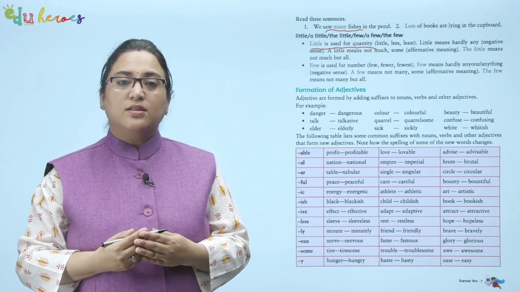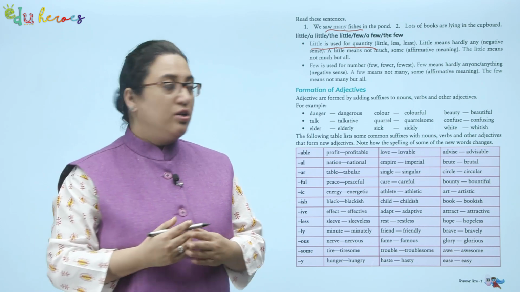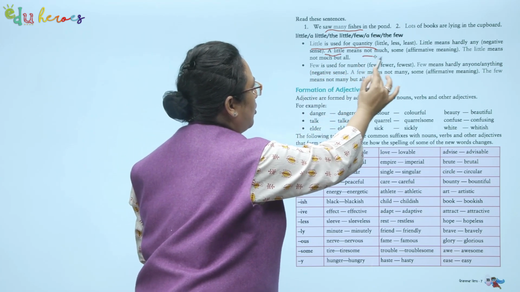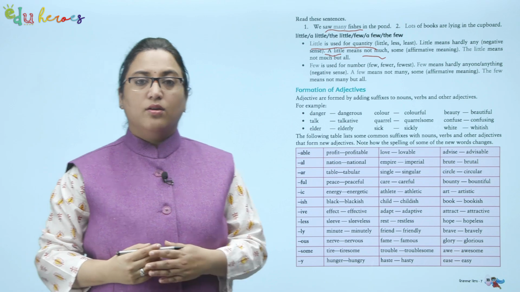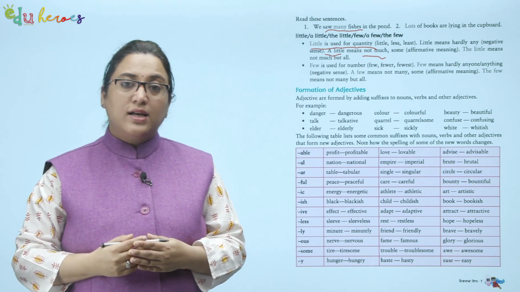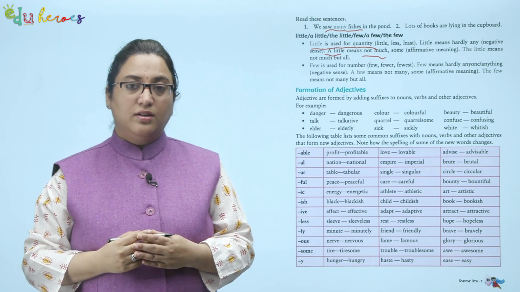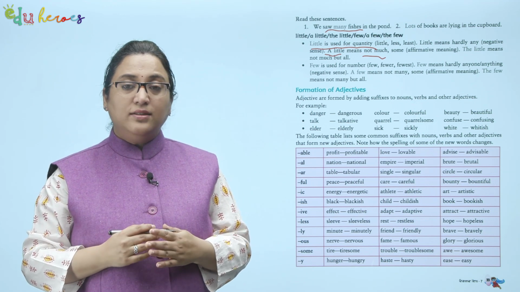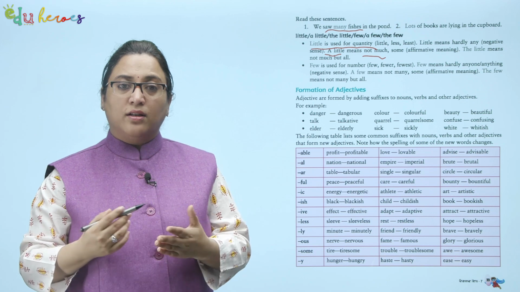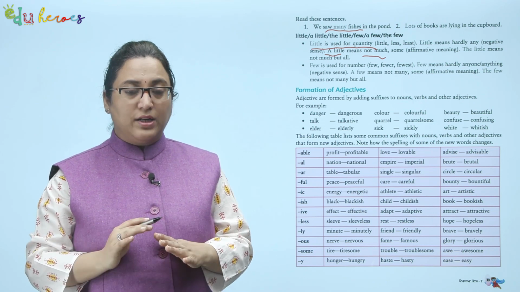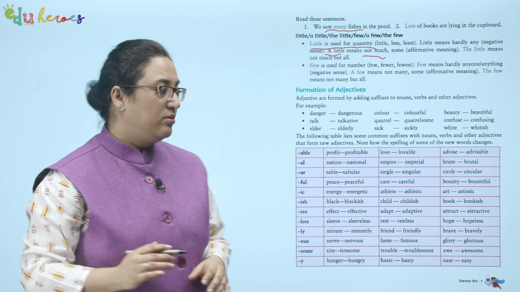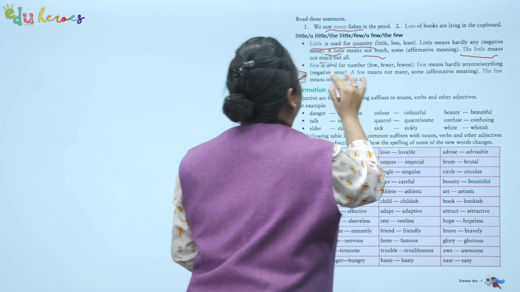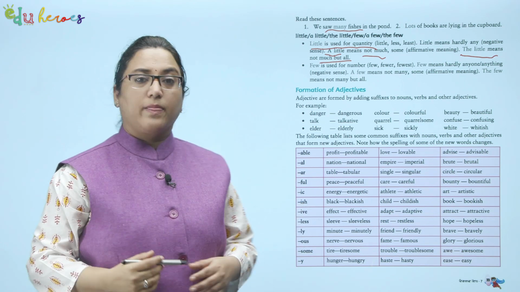A little means not much, only some. So it has affirmative meaning. This is opposite to only little. And third, the little means not much but all. Although a slight difference, there is a difference between all these three.